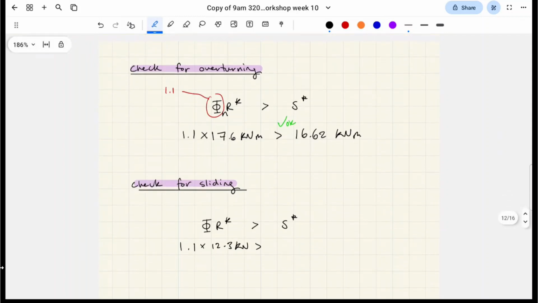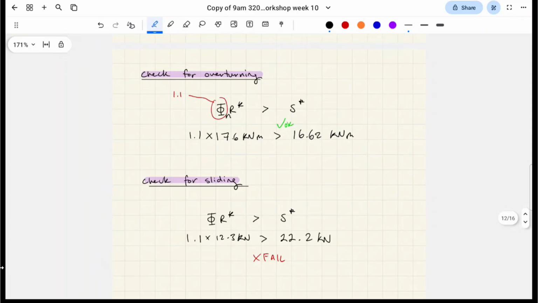Our frictional force, and then S was the lateral earth pressure force acting to the left. But, as you can see, this one does not pass the check, and therefore it fails. So, anyway, that's our question. So, our wall works for overturning, but it fails in sliding. Okay.